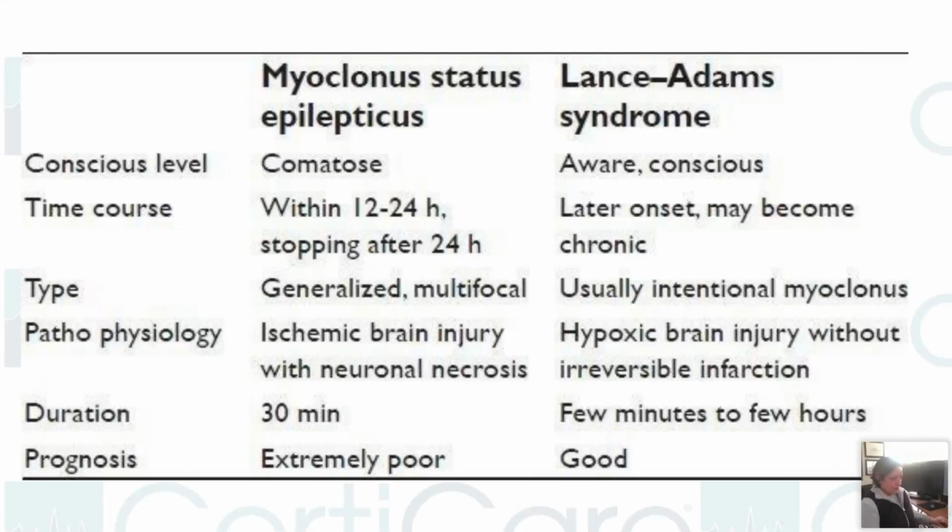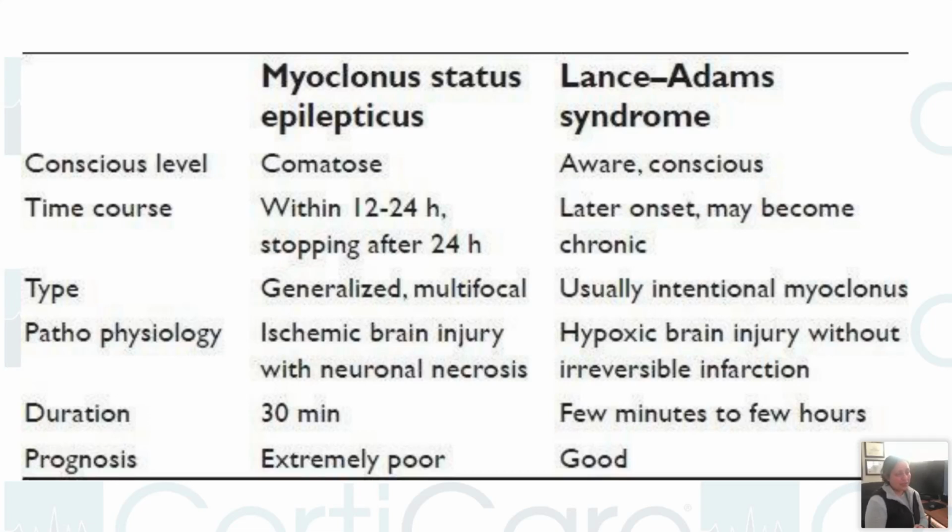So this table shows the difference between myoclonus status epilepticus, that is acute myoclonus, and Lance-Adams, which is a chronic myoclonus. The patient is comatose in acute, but is aware and conscious in chronic. Onset is 12 to 24 hours, and usually myoclonus stops after 24 hours in acute myoclonus.